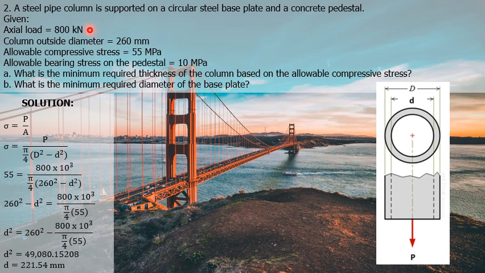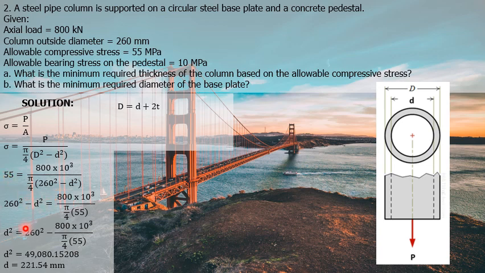We converted 800 kilonewtons into newtons, all over pi fourths quantity 260 squared minus small d squared. Our interest is small d, so we cross multiply what's inside the parenthesis by 55. 55 goes down, what's inside the parenthesis goes up.